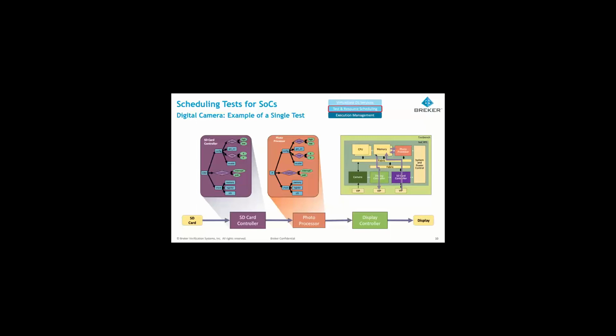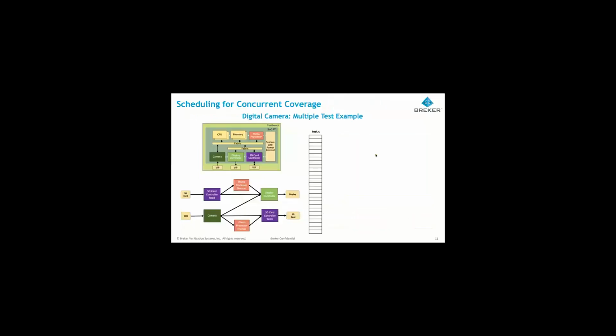And we can think about this from a serial point of view and build up individual tests over and over again, and that's great. However, on an SoC, what we probably want to do is have a whole range of tests, which you could describe using kind of a graph format, which maps onto portable stimulus or C++. And what you'd like to do is maybe execute the same test we just described from the SD card controller to a photo processor.